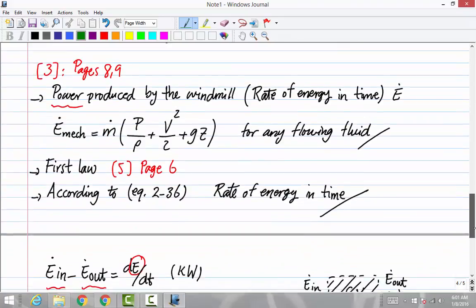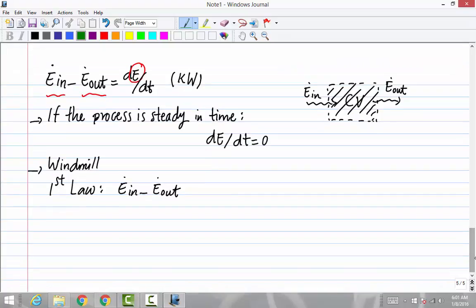So if I go back to my first law equation, E dot in is coming in, minus E dot out going out, and also there's another output, which is E dot power. That should be dE over dt. As we know, this system is steady in time, therefore that should be 0.